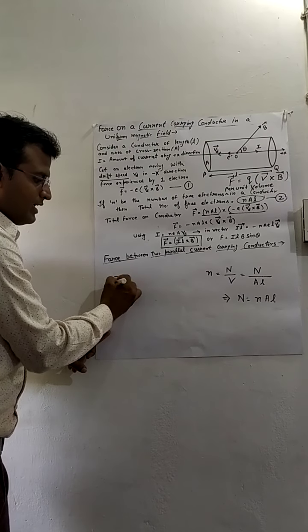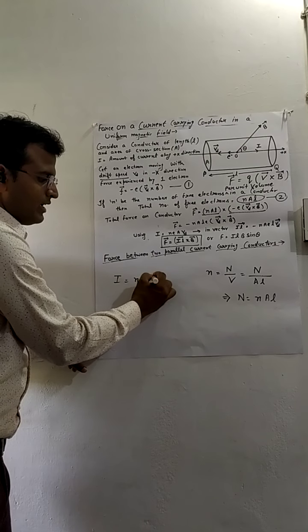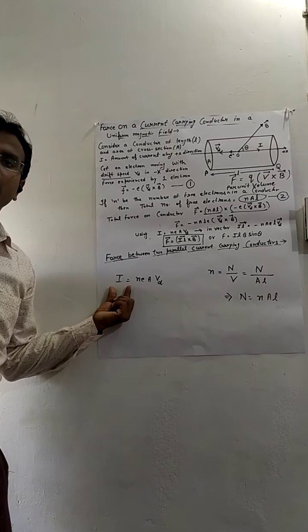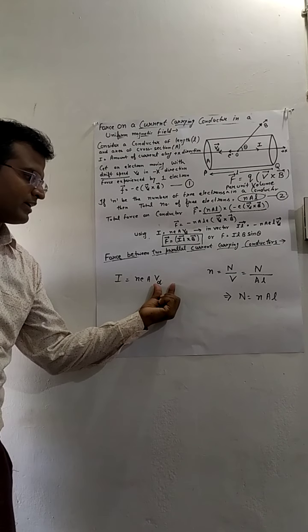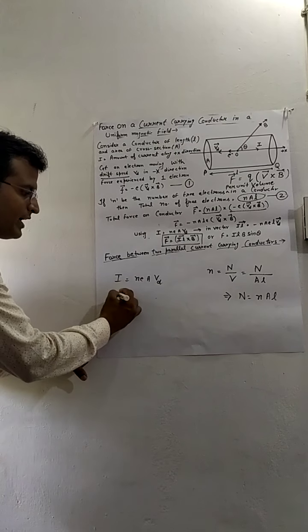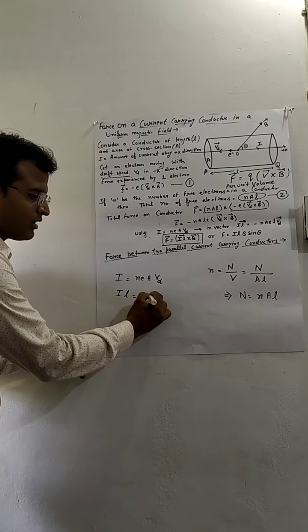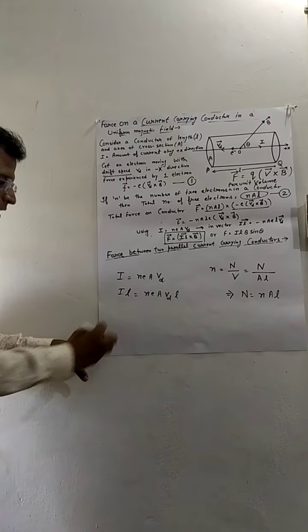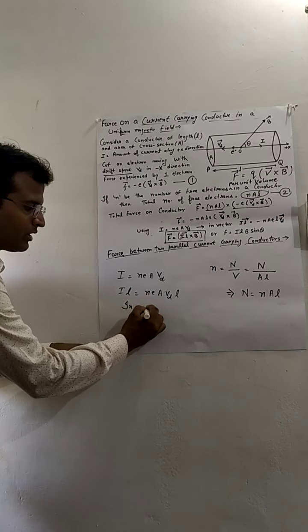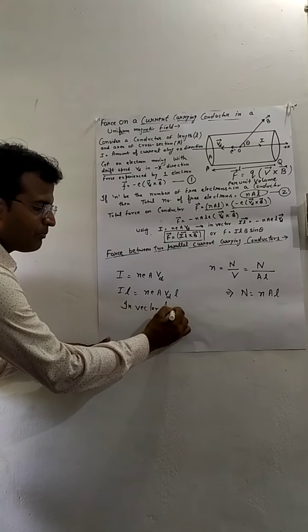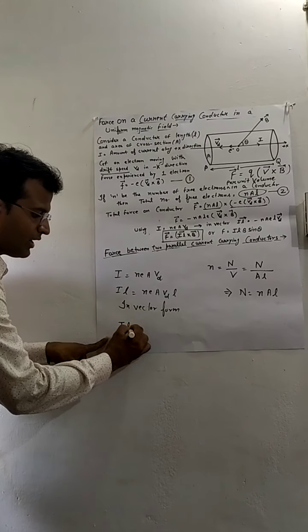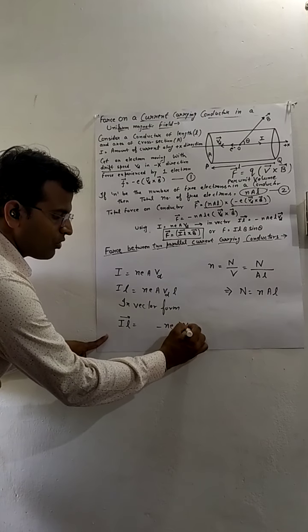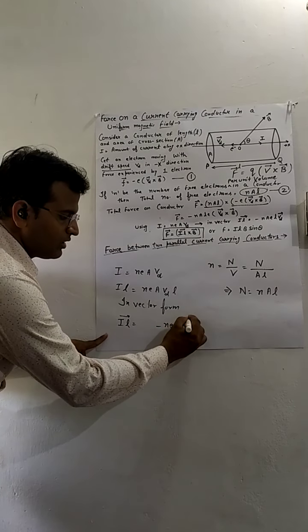I equals n e A Vd. This is the formula for the relation between current and drift speed. Both sides multiply by L. In vector form, the direction of current and direction of velocity are opposite.